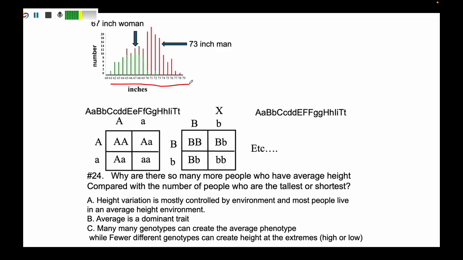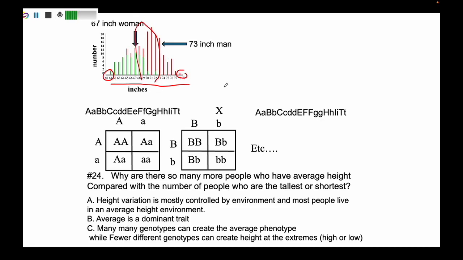So that's one aspect of the quantitative or polygenic trait. The other concept we want to understand is why there are so few individuals in the extremes and so many near the average.